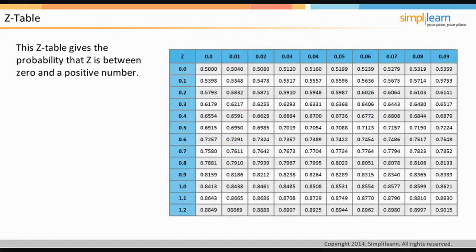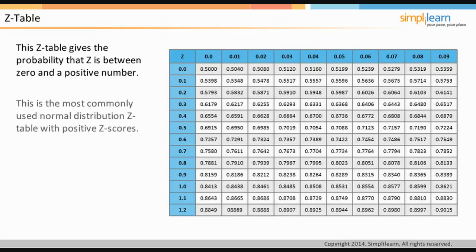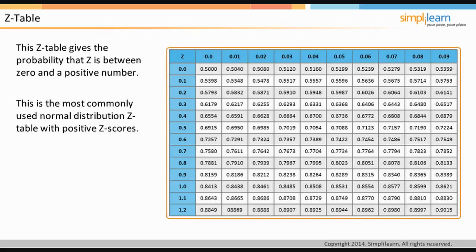The z-table gives the probability that z is between 0 and a positive number. There are different forms of normal distribution z-tables followed globally. The most common form of z-table with positive z-scores is shown here. The value of A, called the percentage point, is given along the borders of the table in bold and is to 2 decimal places.